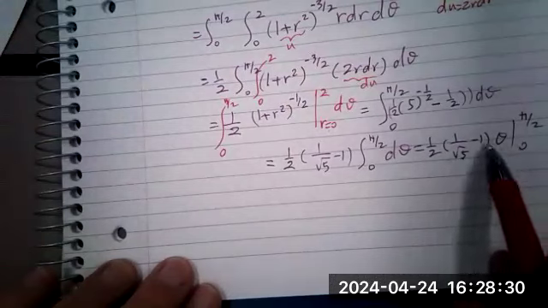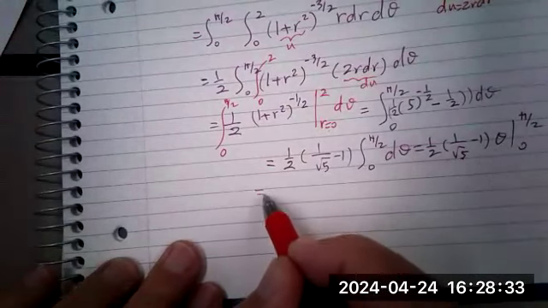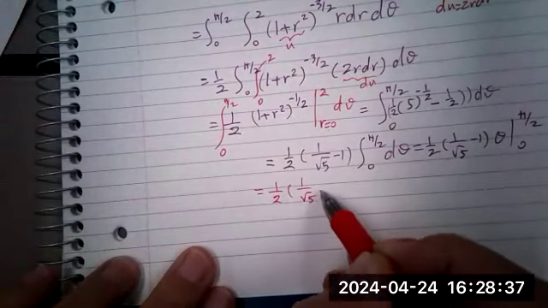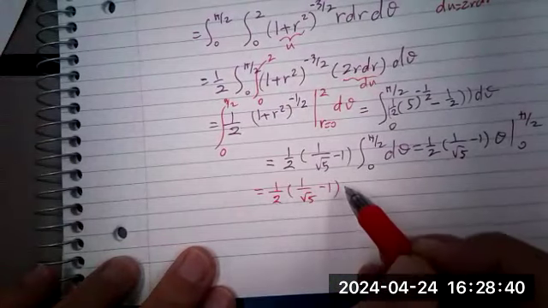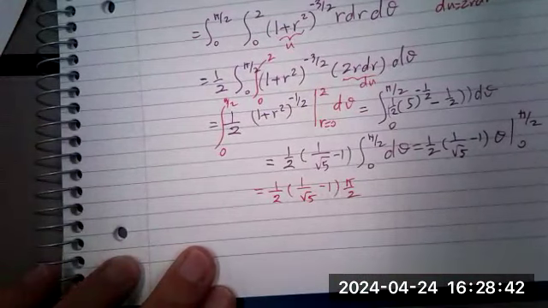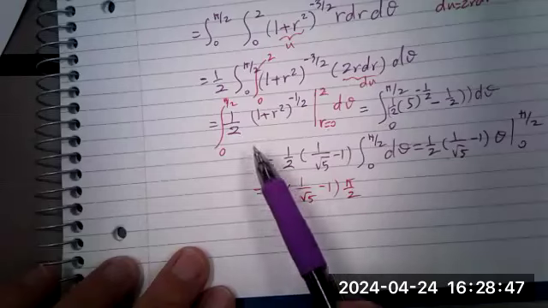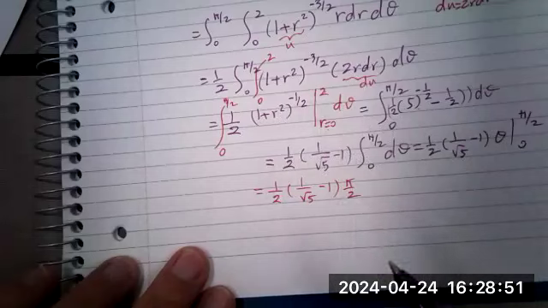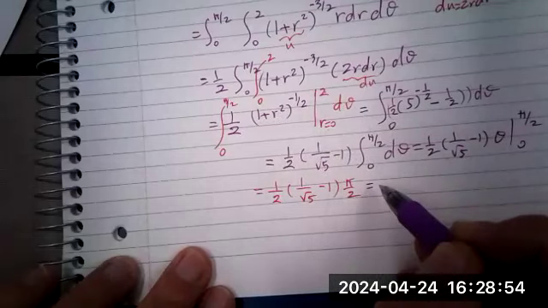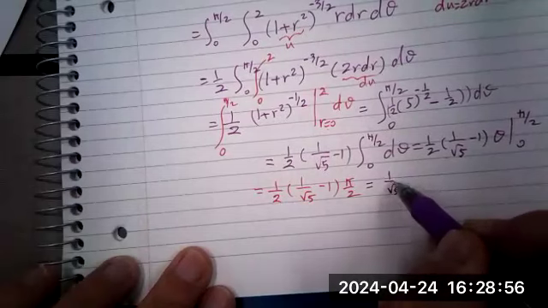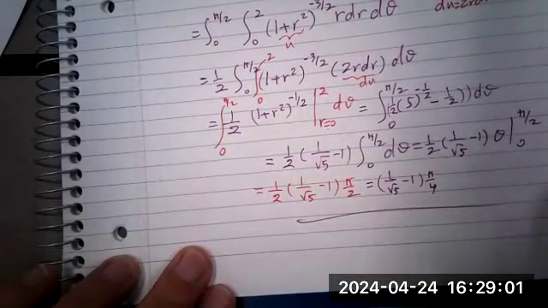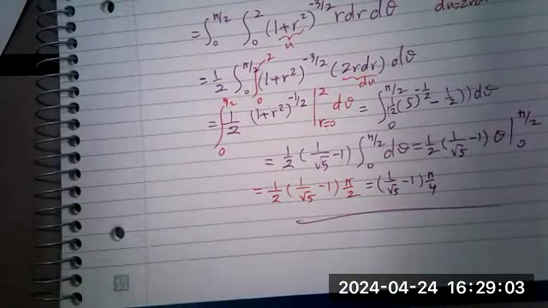So you get 1/2 times (1 over radical 5 minus 1) times the pi half. Okay, I think I did everything all right. You can use your calculator, or just write it down as (1 over radical 5 minus 1) pi over 4. So this will be the final answer. You can double check it yourself.